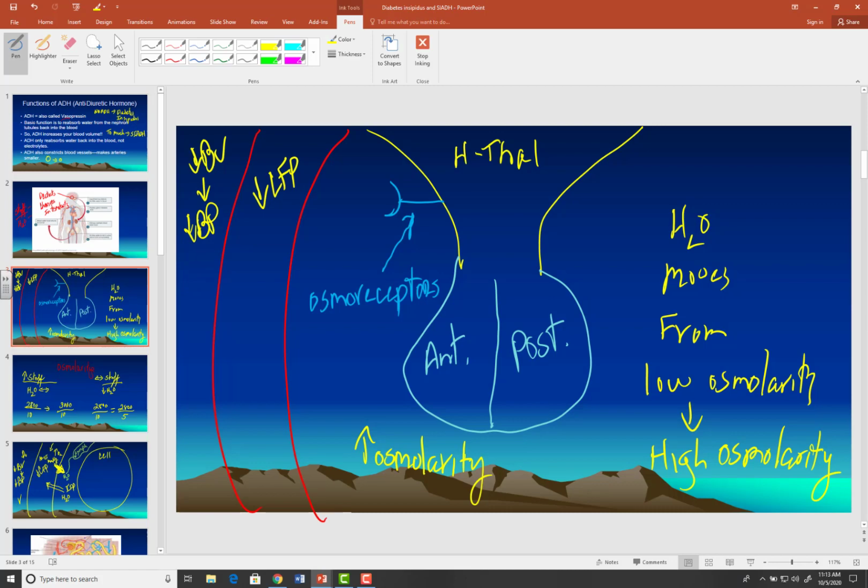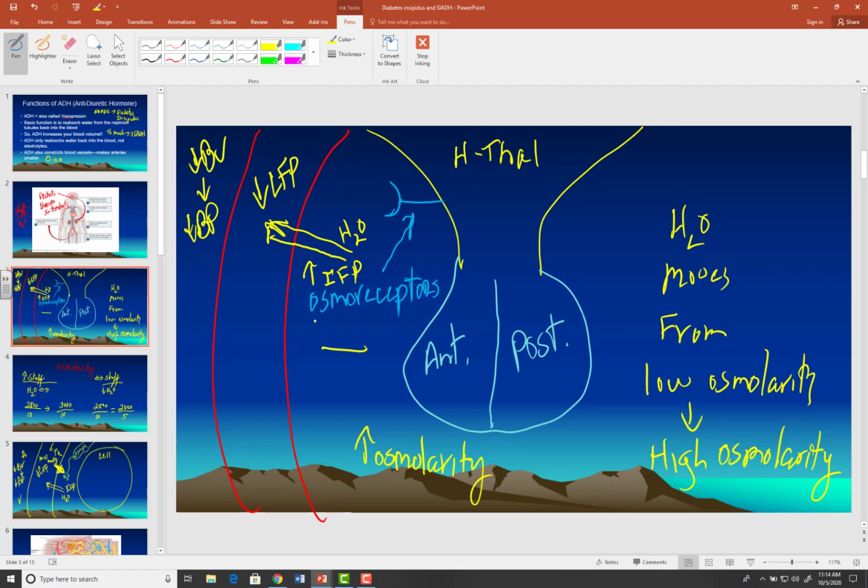So what's going to happen at some point is that the pressure of the fluid in the interstitial space is going to become greater than capillary fluid pressure. Why? Because you're losing blood volume. So interstitial fluid pressure at some point is going to become greater, and it's going to cause the movement of water from the interstitial space back into the capillary to try to maintain that blood volume.